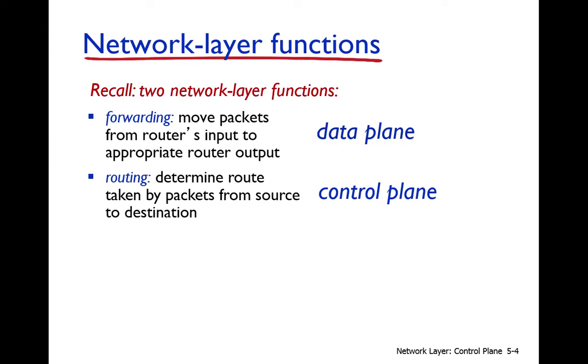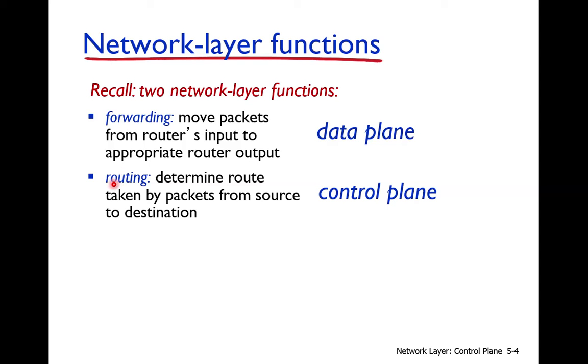So let's start. As we have discussed, there are two functions of the network layer. First is routing. Routing means when a source wants to send a message or packet to a destination, the first thing that the source, or the network layer, has to do is to find a best route.